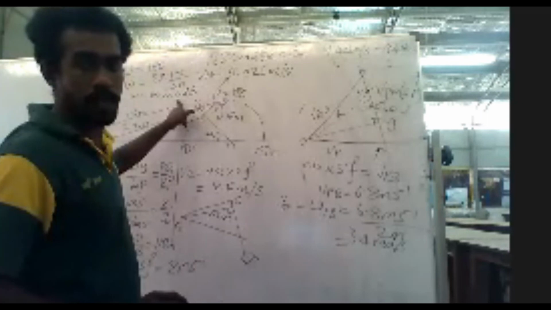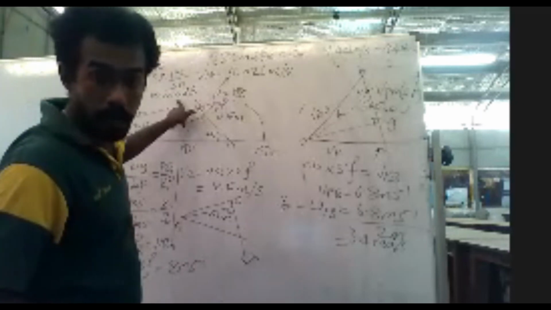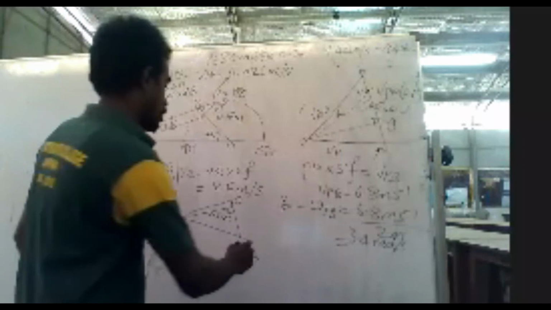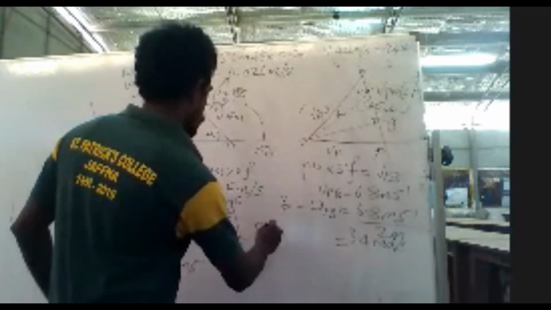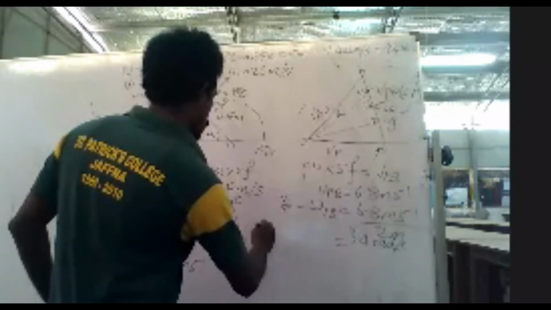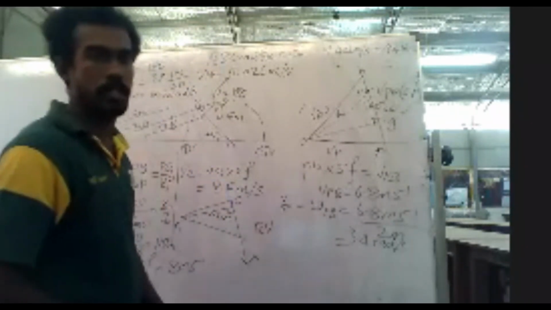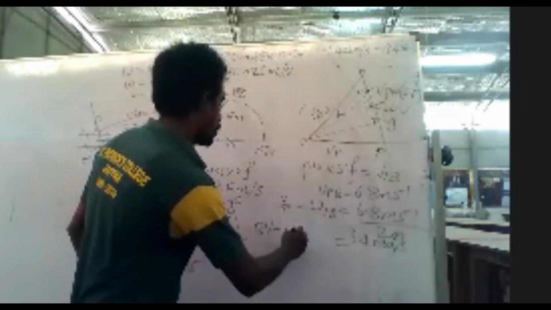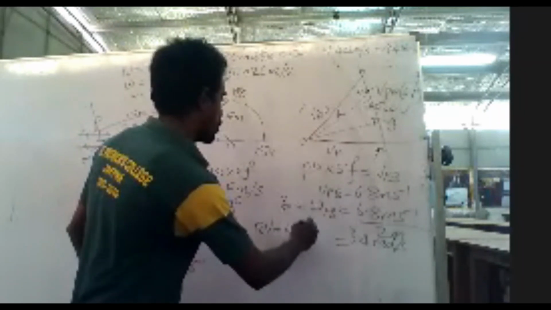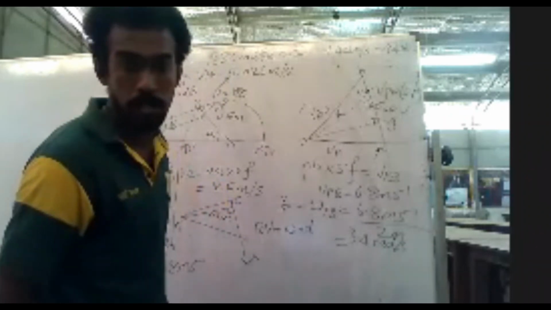And the diameter is given, that is 50 millimeter, right? So rubbing velocity is equal to omega into diameter, right?